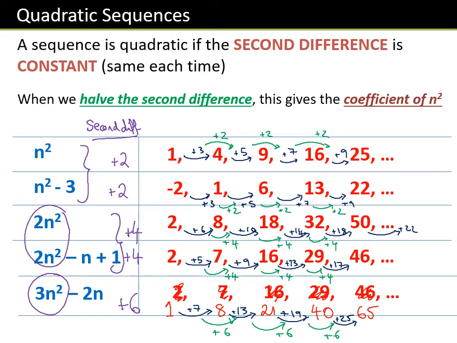So this gives me a little rule that if I'm given the terms of the sequence, I first of all check that it's quadratic by finding the second difference. Then if I halve that second difference, that tells me the coefficient of n squared that I need to work with. And this is really powerful for then finding what the nth term is.